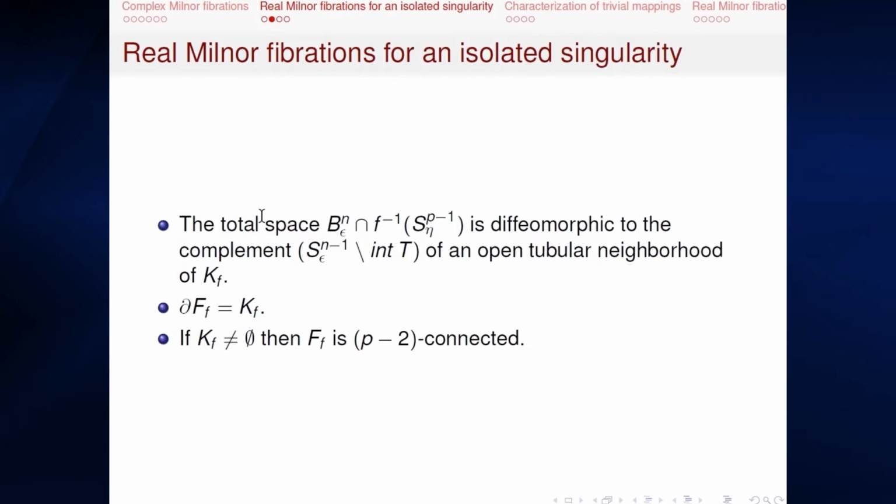The total space of the real Milnor fibration is diffeomorphic to the complement of an open tubular neighborhood of the link. The link is the boundary of the fiber, and if the link is not empty, the fiber is p-2 connected.